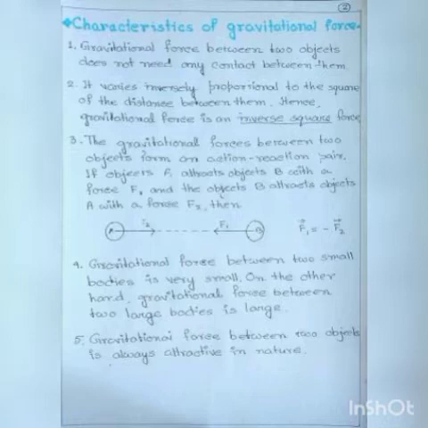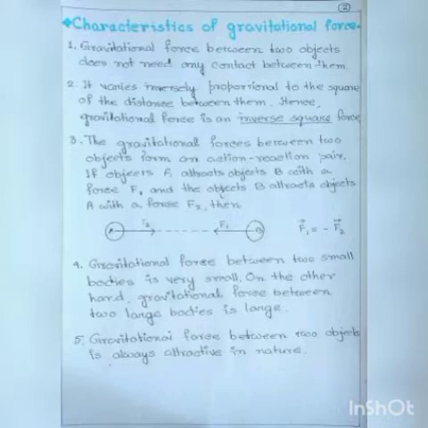If object A attracts object B with a force F1 and object B attracts object A with a force F2, then F1 is equal to minus F2. Both forces have the same magnitude but are opposite to each other, that's why we introduce the negative sign.